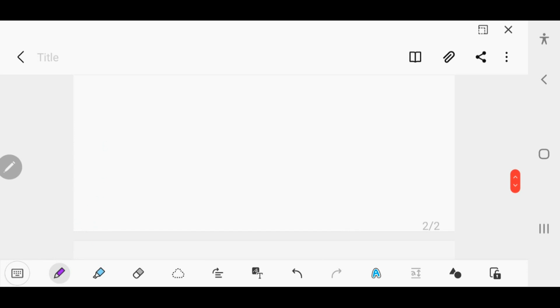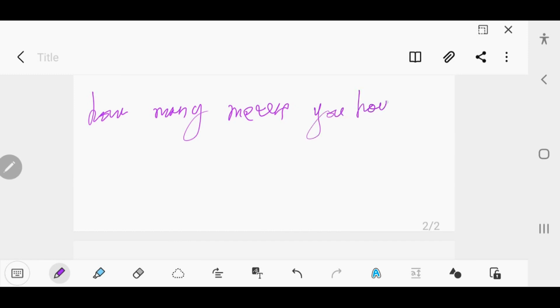What about, for example, how many meters you have in, let's say, 15 times 10 to the power 5 nanometer.